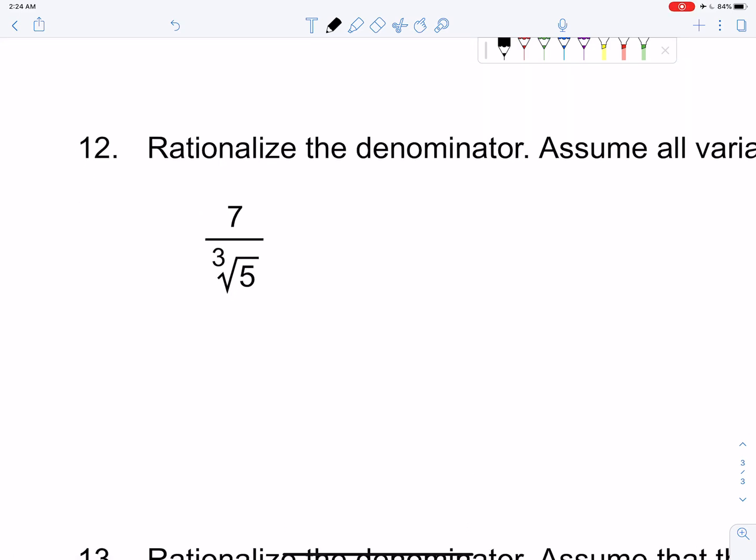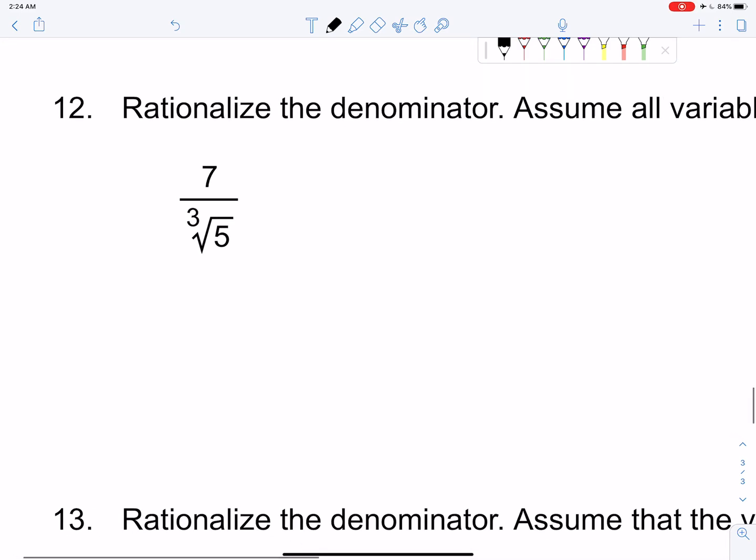Rationalize the denominator. Okay, great. This is a good one. Because once again, you got to be really cognizant that that is an index of 3. What does that mean? It means in order for us to rationalize the denominator, in order to get that 5 out of a cube root, you need 3 of those 5s. And how many do you have? You only have 1.